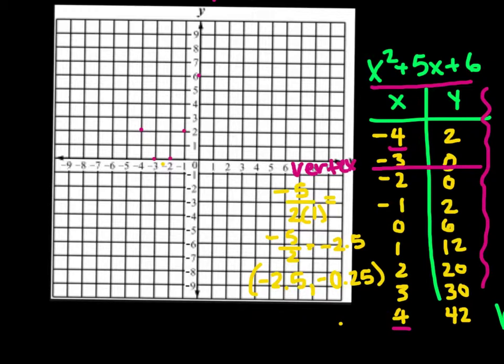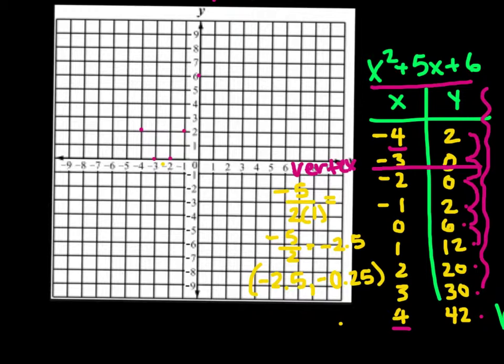And what I noticed is I would get 2, 0, 0, 2, 6, 12, 20, 30, 42. So I can see that the change that was starting to occur was essentially an addition of 2 more added on. So we had -2, 0, 2, 4, 6, 8, and so on. So there was a +2 change, or second difference, in these values.